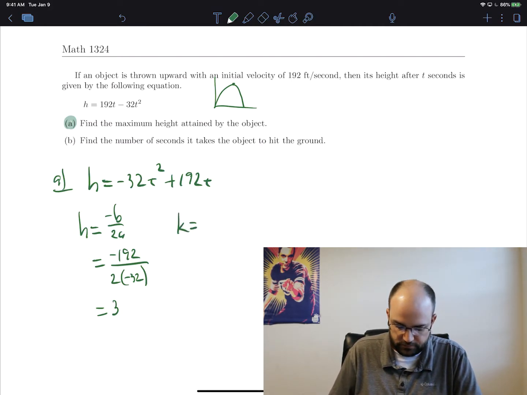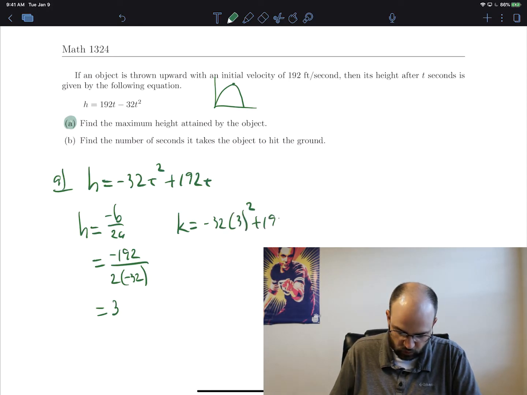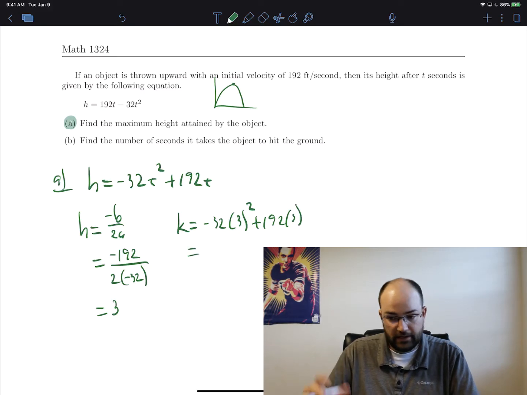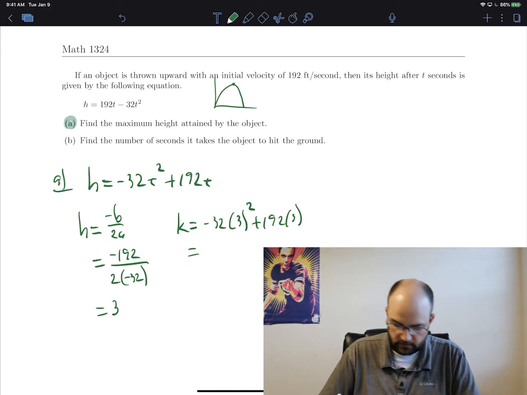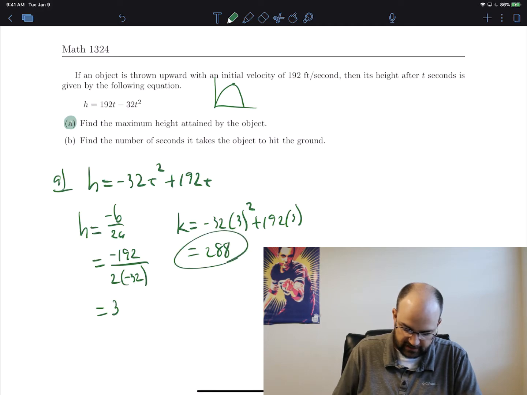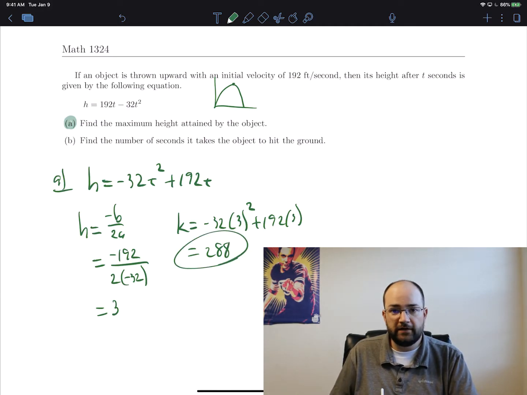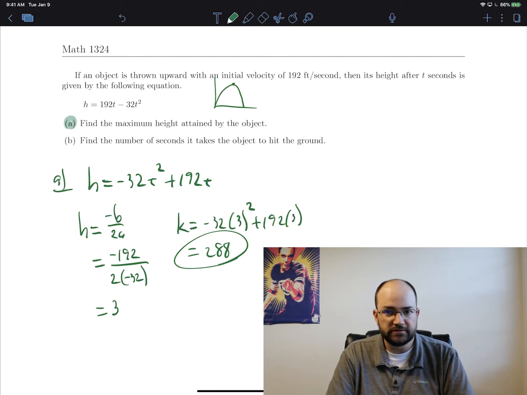For the k value, that's negative 32 times 3 squared plus 192 times 3. I'm not going to guess as to what this is, so let me go ahead and just type that in. That gives me 288, and that 288 is what we want here. The x value is where it occurs, the y value is what it is.